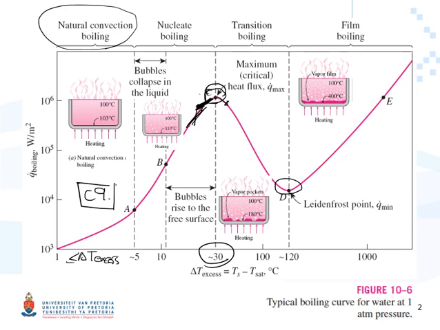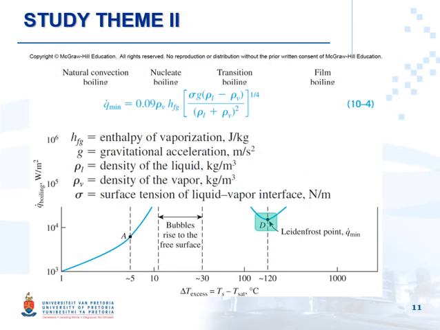Okay, after the nucleate boiling, now we talked about the correlation. The next regime is transition boiling. For transition boiling, there is another correlation, as you can see here.